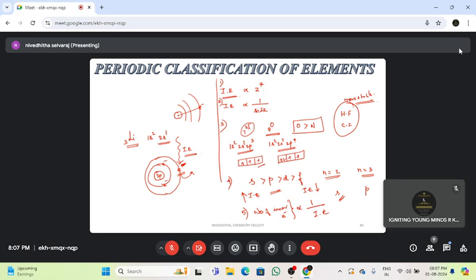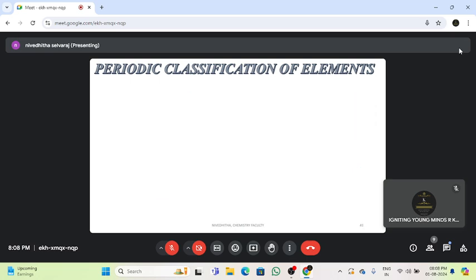If you remove the first electron from one atom, that is called first ionization energy. From the same atom, if you remove the second electron, that is called second ionization energy. So you may get questions from successive ionization energies also. That's it.